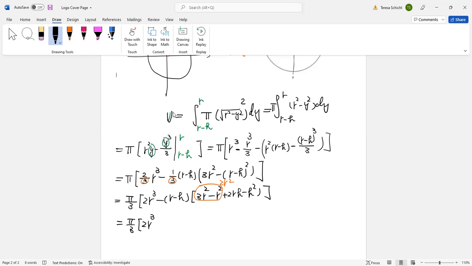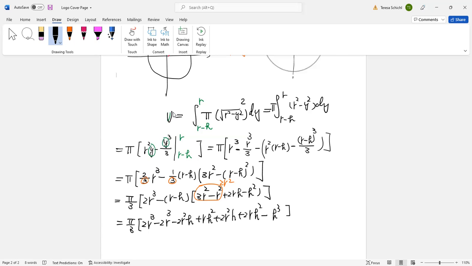So this one's here, I'm going to have a minus 2r cubed minus 2r squared h plus rh squared plus 2r squared h plus 2rh squared minus h cubed.